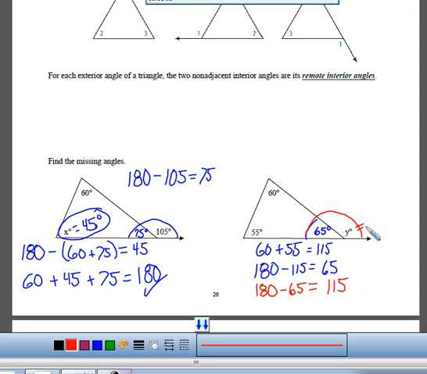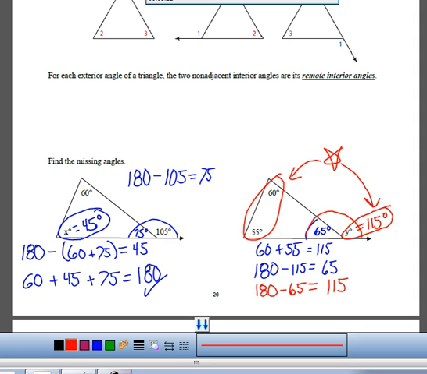Now that's a very interesting situation. Hopefully you recognize that we could have found this answer if we had noticed this relationship between this and this. And that's what we're going to talk about on the next page, page 27.